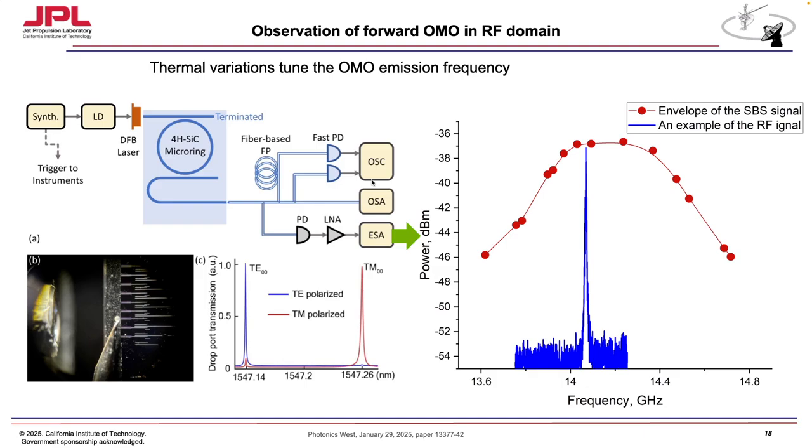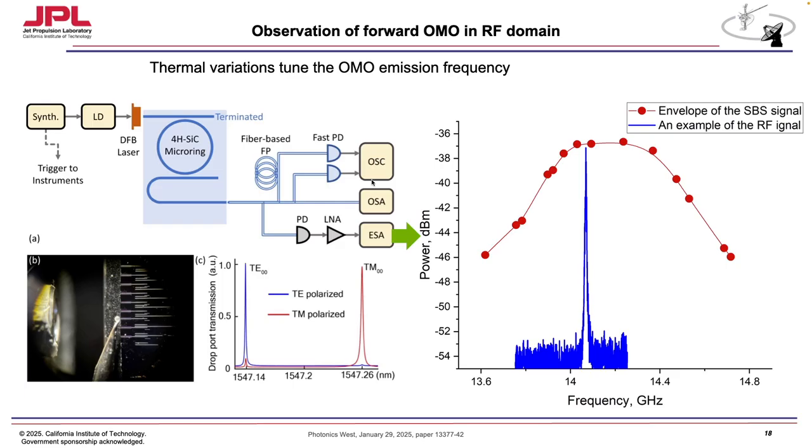So what we did, we sent the output of the resonator to a fast photodiode and demodulated it. When we have Brillouin scattering, we produce a pretty high contrast radio frequency signal that proves we have two harmonics and we have Stokes generation there. Interestingly enough, again, we don't see the 45 GHz frequency as observed in the backward Brillouin scattering case.